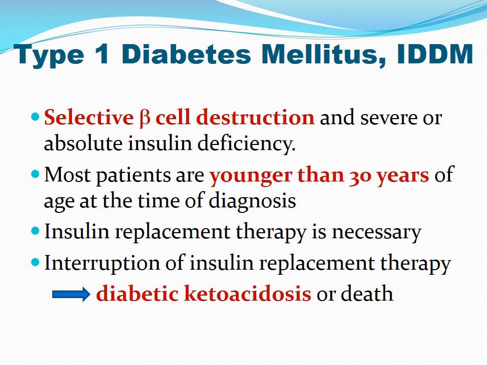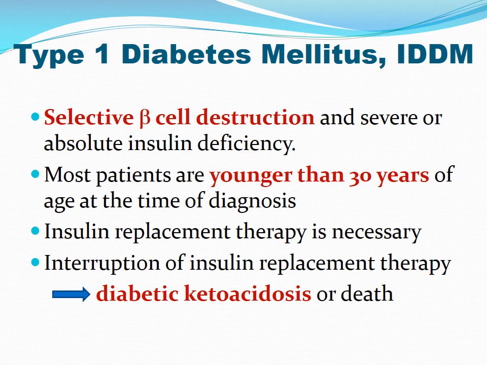We will start with type 1 diabetes mellitus. In type 1 diabetes, there is selective destruction of beta cells and severe or absolute insulin deficiency. Due to the destruction of beta cells, no insulin is secreted from these cells.